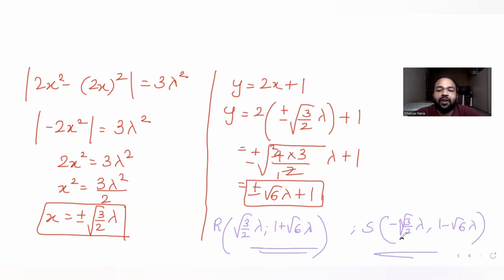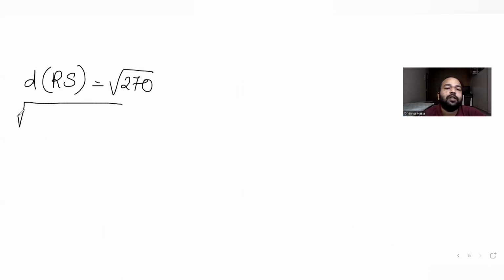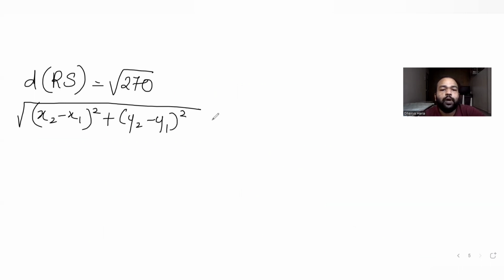Now, let's say this is x1, y1, this is x2, y2. I already know that the distance between R and S is given to me as root of 270. And if I write the distance formula, it is nothing but root of (x2 − x1)² plus (y2 − y1)². It's equal to root of 270.